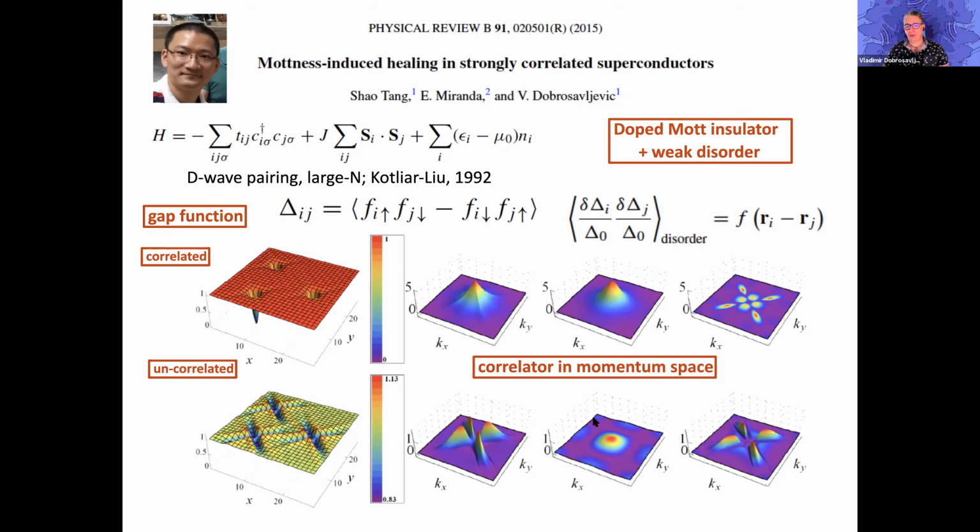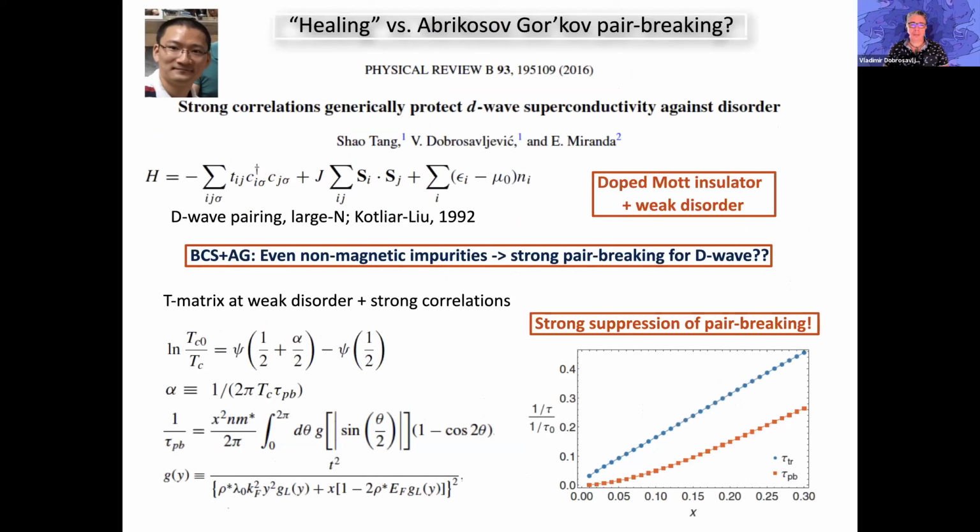This has some dramatic consequences in momentum space. I'm not going to talk about this in detail, but I just want to mention that if you ask what this does to pair breaking, there is a dramatic result. It turns out that Abrikosov and Gorkov, in their wisdom, said that magnetic impurities in S-wave superconductors are strongly pair breaking.